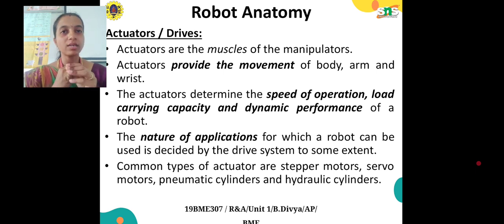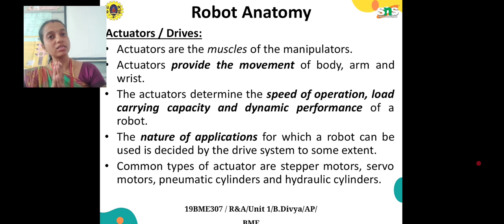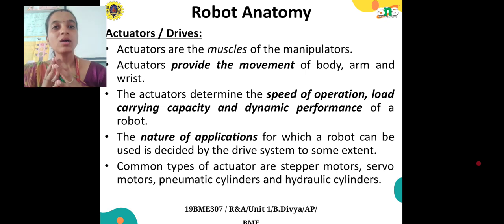We know how stepper motors play a vital role in robotics, and pneumatic cylinders and hydraulic cylinders also. What do pneumatic cylinders and hydraulic cylinders mean? Pneumatic cylinders work by air pressure; by air pressure they perform their specific operations.